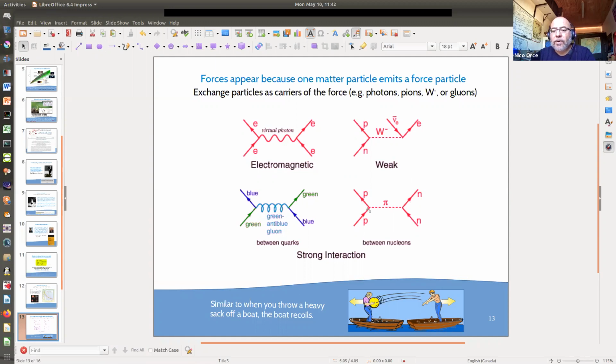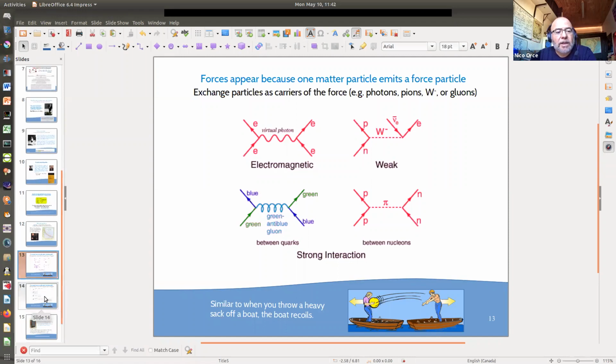This is before scattering, and this is after, and the exchange particle is here, and represents the same thing as these two guys on top of a boat, right? You exchange the particle, and your boat recoils, and you also recoil, and that's a kind of illustration of this picture, which is a dominant picture in our physics nowadays.